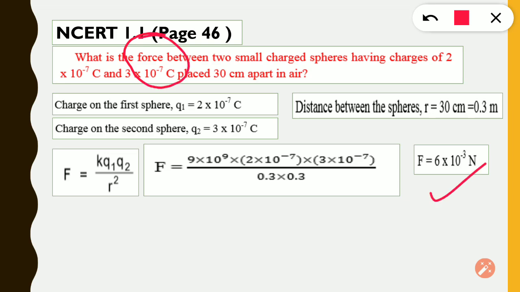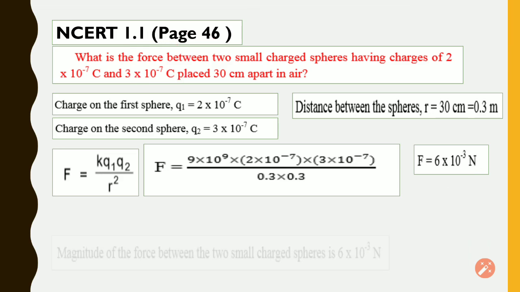Is our work over, or is something still remaining? Yes, the magnitude is over, but the question demands direction also, because the question is what is the force. If it were like what is the magnitude of the force, then it's okay, done, it is the answer. But we have to mention the direction also, right?